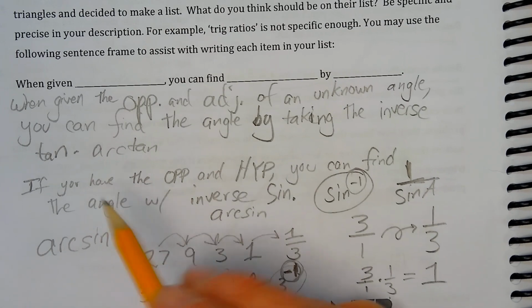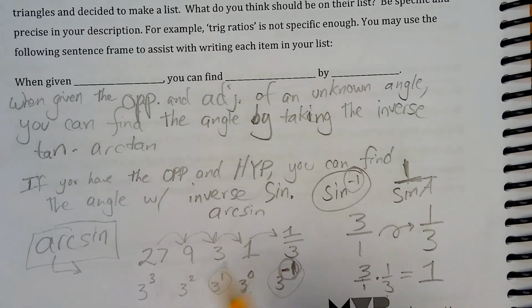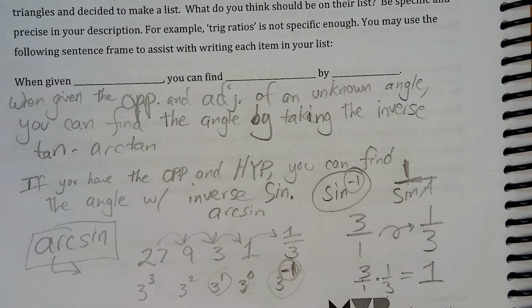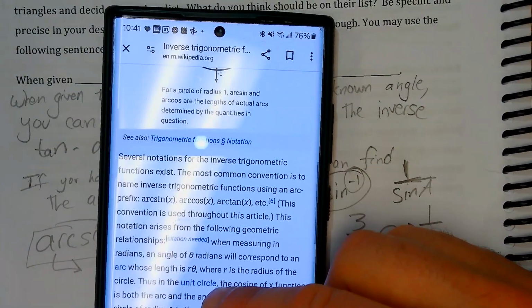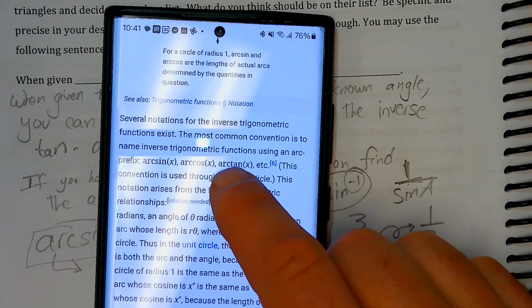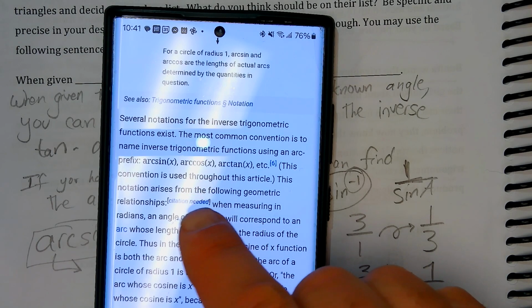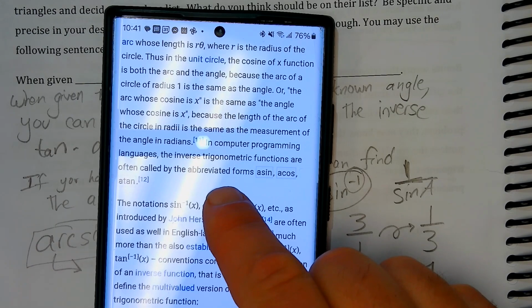Arc from, I think, Spanish, meaning arc. I don't know what it means. Just kidding, I'll look it up. Okay, I could not find the reference I was thinking of, but down here we go.